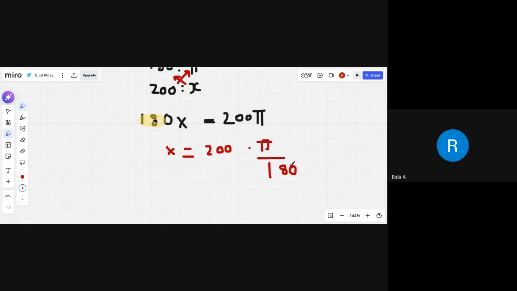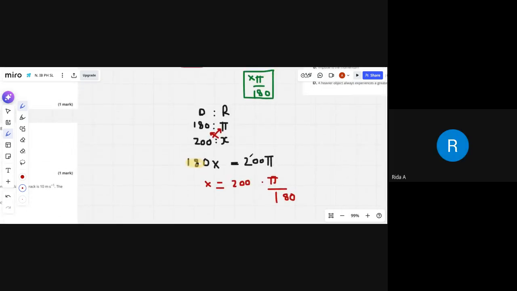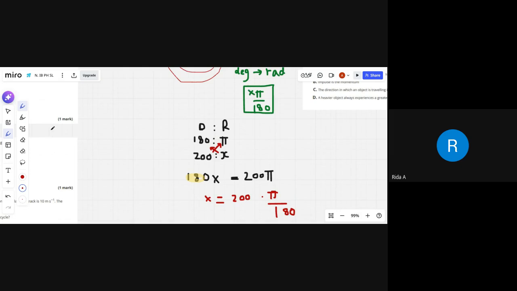So the shortcut you can learn is if you want to go from degrees to radians, whatever number you have in degrees, you multiply that by pi over 180. And if you happen to forget this number, you can always use your degree to radians ratio to figure that out.